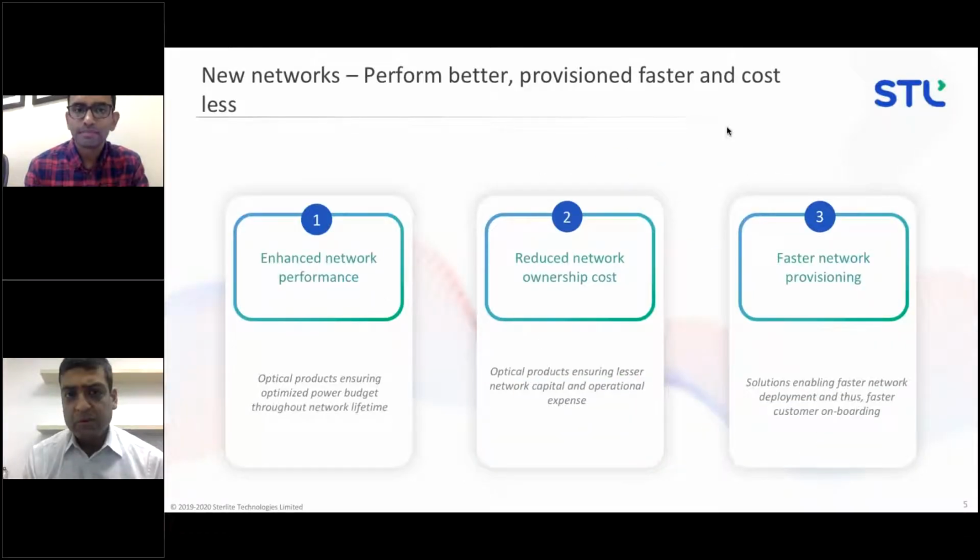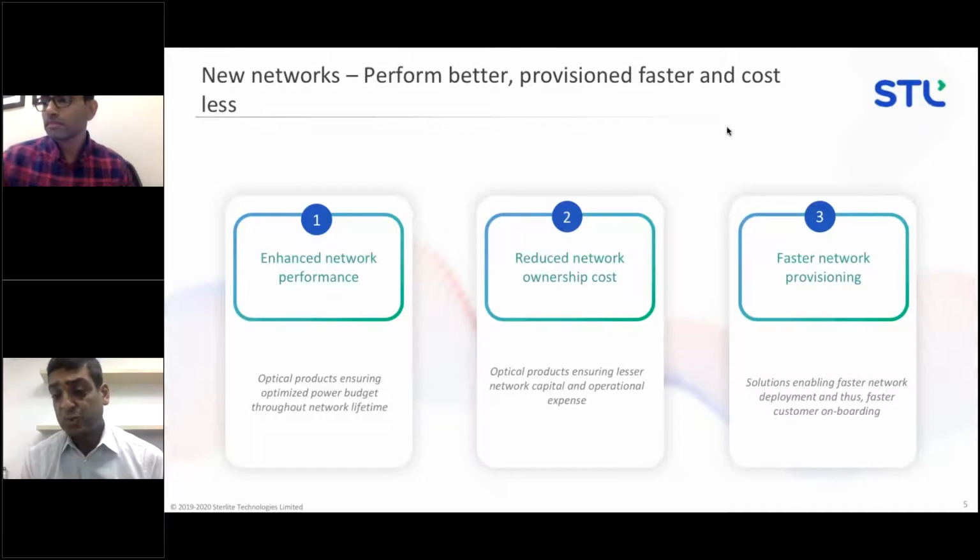Now, when we provision new networks, there are basically three areas that we need to be looking at. The first is enhancing the network performance. Right? So we have a power budget for our optical networks, and this has to be optimized throughout its lifetime. And we'll get into that in a little bit more detail. The second one is the total cost of ownership of your network across its lifetime, both in terms of the CapEx and the OpEx that you're putting in.